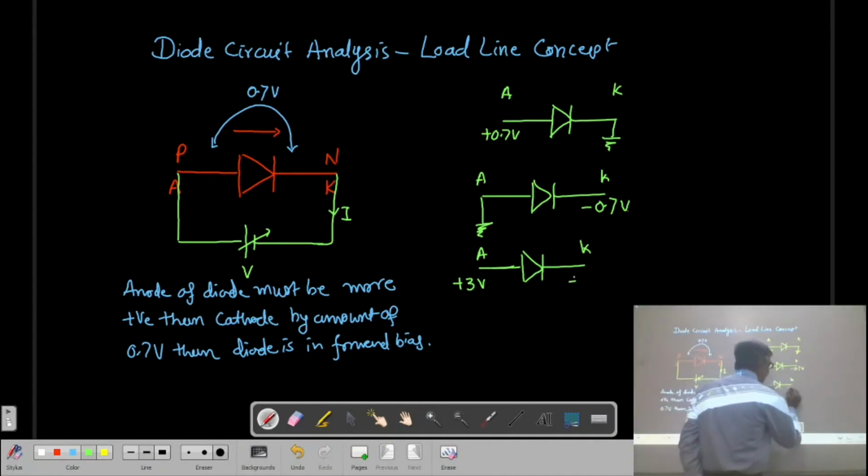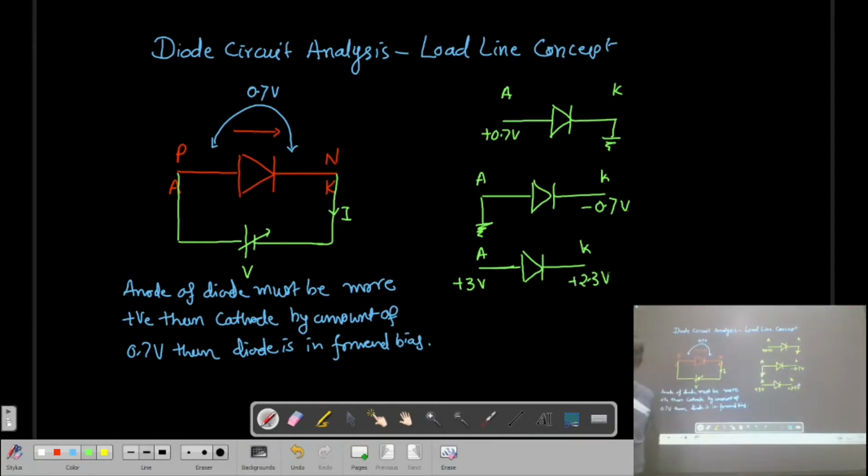So if I apply plus 2.3 volt, then the diode will be in forward bias. Remember that forward bias doesn't mean that the anode potential must be positive and the cathode must be negative. Here, in both cases, the anode is positive and the cathode voltage is also positive, still it is in forward bias.